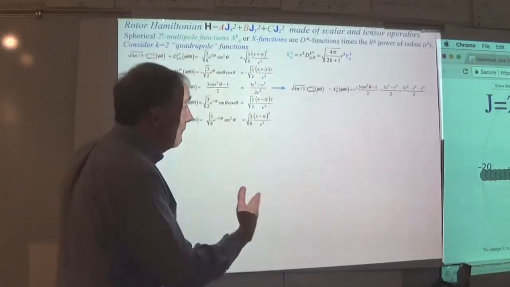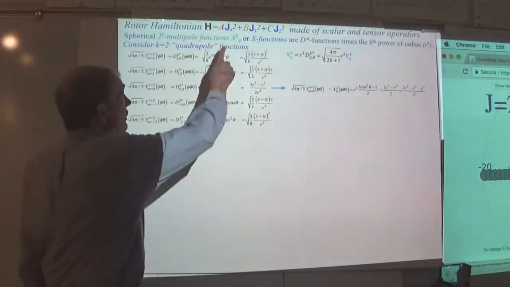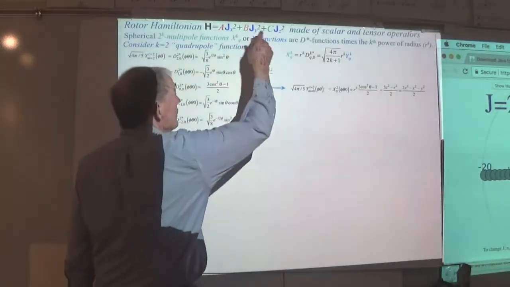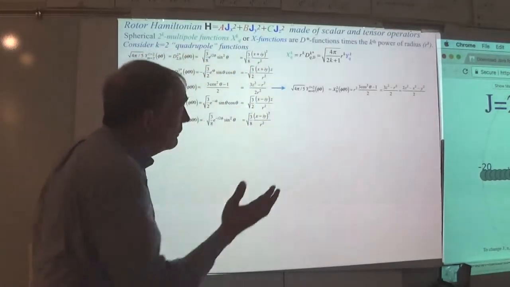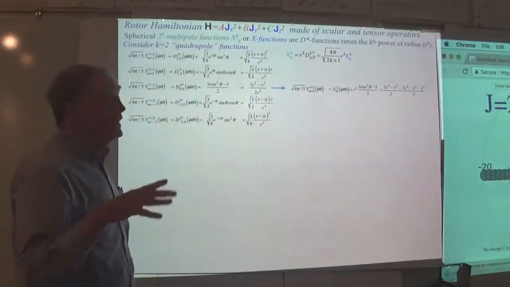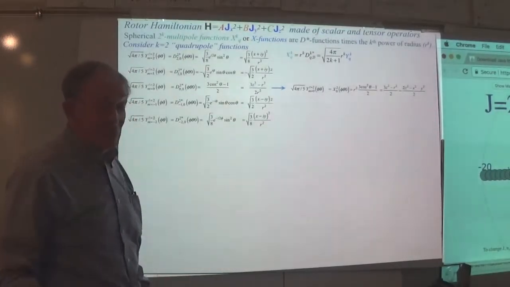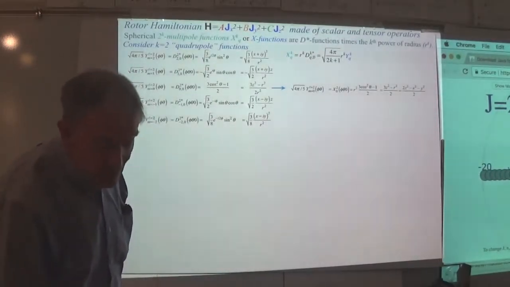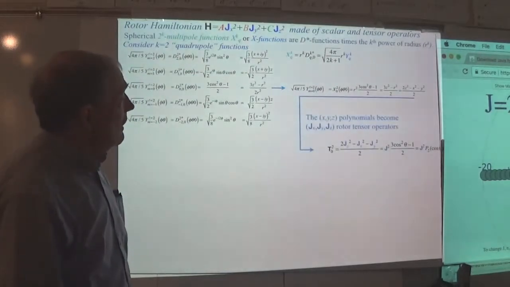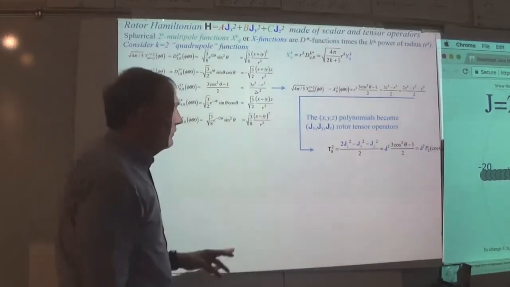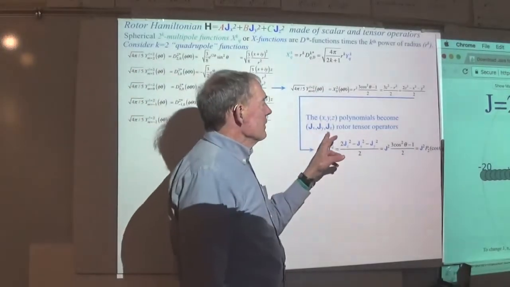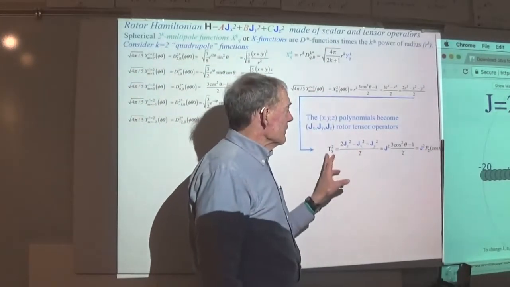Okay, because I'm going to make a Hamiltonian out of Jx, Jy, and Jz. Not too different from what we've been doing when we did the ABC expansion, except now there's an infinite number of different kinds of expansions that you can do. So the deal here is that the x, y, z polynomials will become rotor tensor operators.